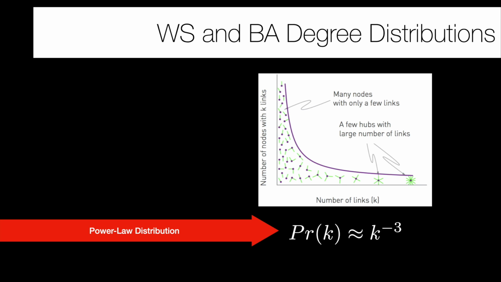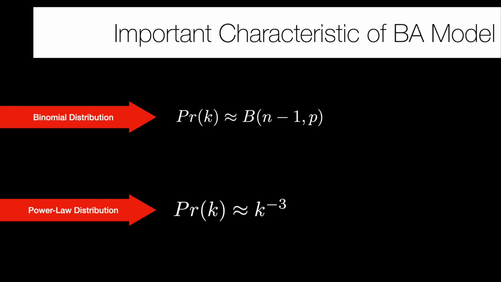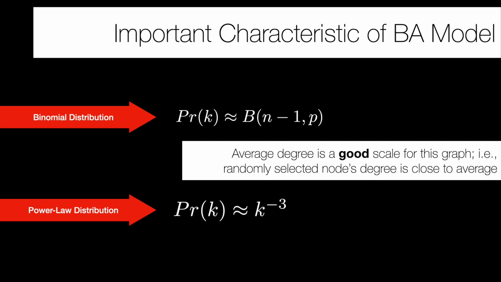And we see this is called a power law distribution because we have k raised to some power. So then we can characterize what these network structures look like. With the binomial distribution, we can say the average node will get the average degree. This average degree metric is a relatively good measure for a randomly selected node in this graph.